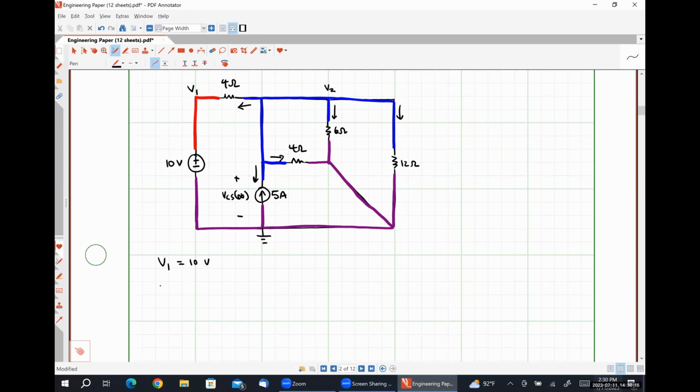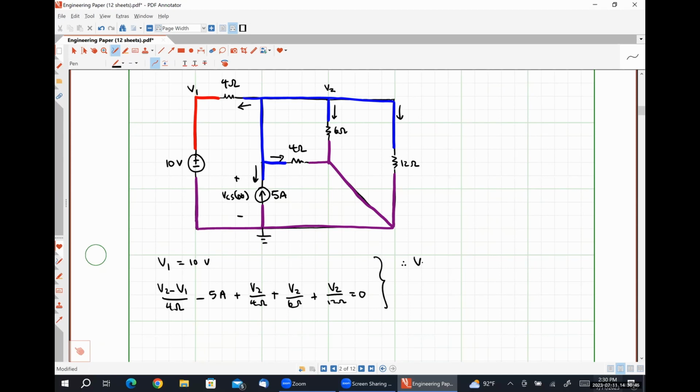That's going to look like (V2 minus V1) over 4 ohms minus 5 amps plus V2 over 4 plus V2 over 6 plus V2 over 12 equal to 0.